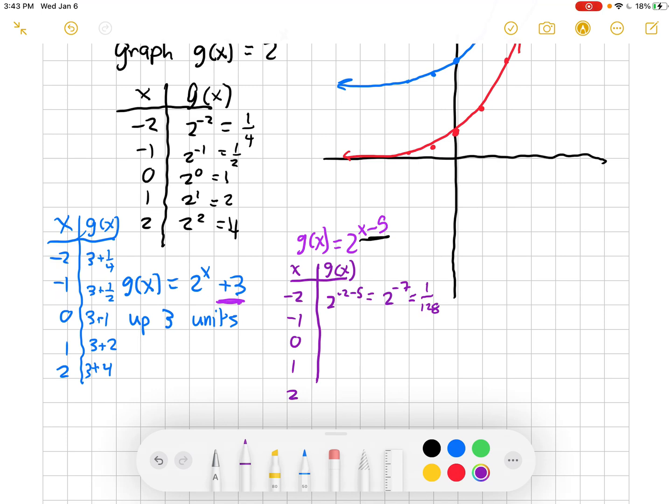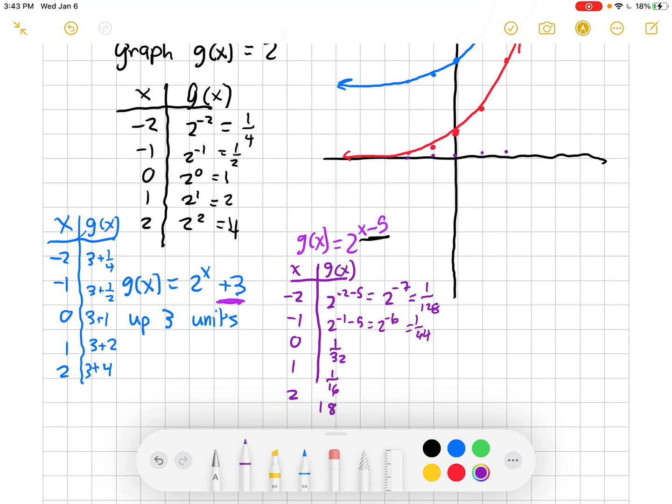Similarly, we'll end up with, so this is so far into the asymptote that these points end up very, very, very close to the line.